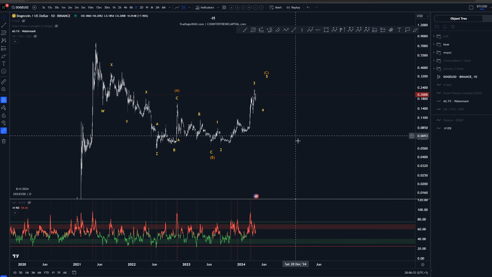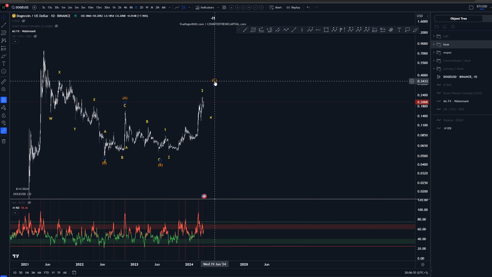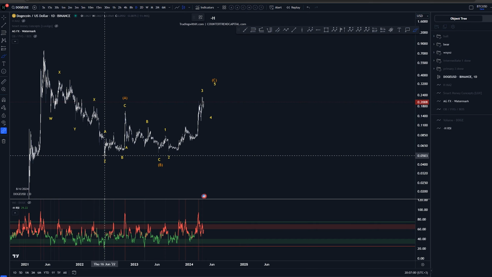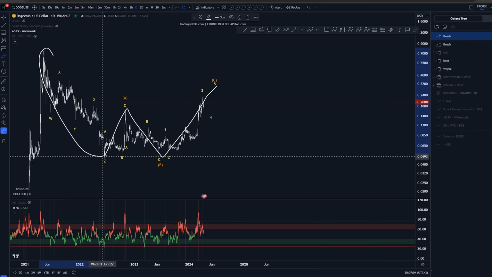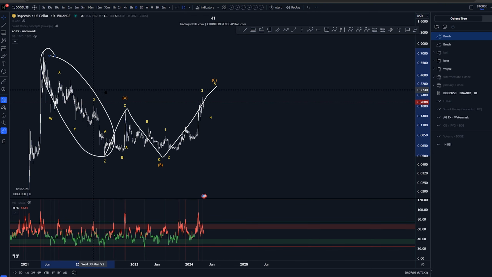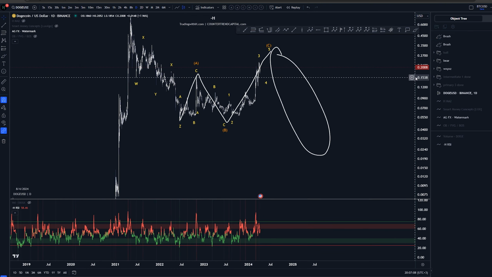Now, how does this fit into the higher time frame? Well, this could be a wave 1 of a diagonal if we want to be bullish, or this could be a connecting structure connecting something previous to it, which in this case would be this structure over here, to something new.